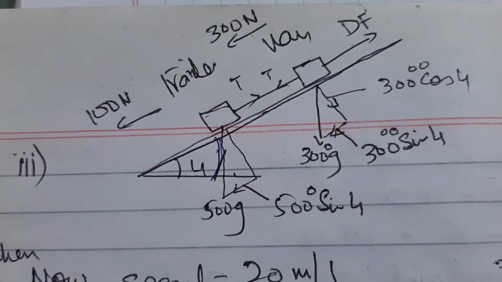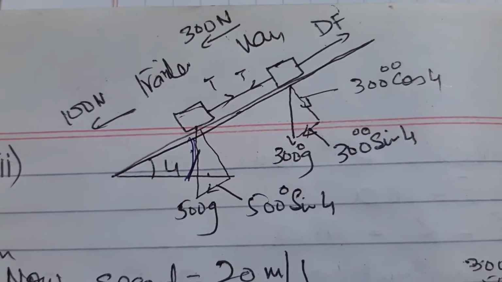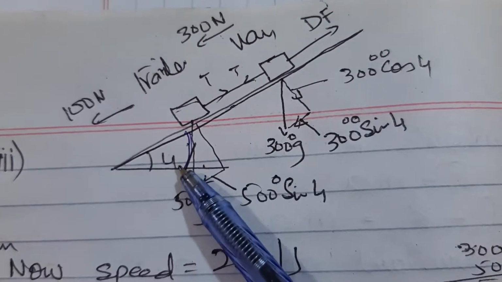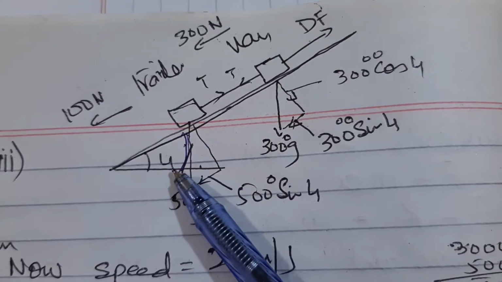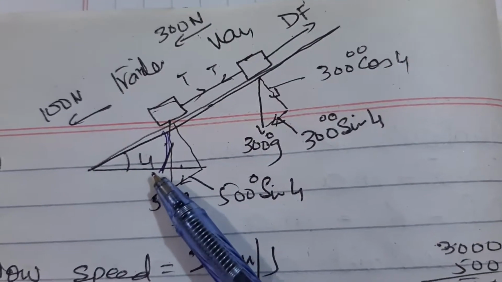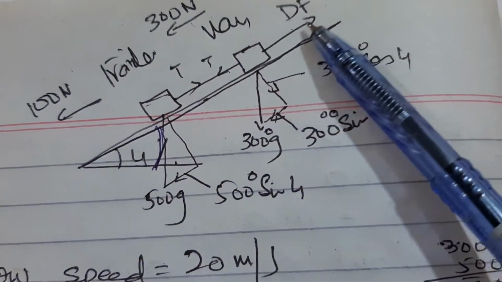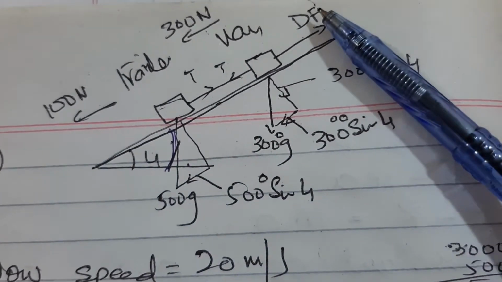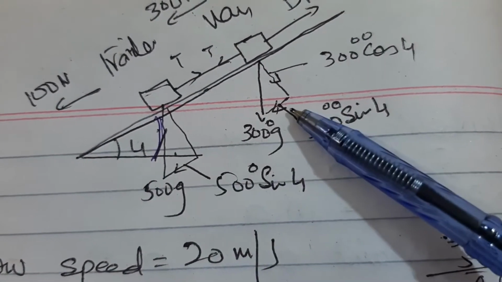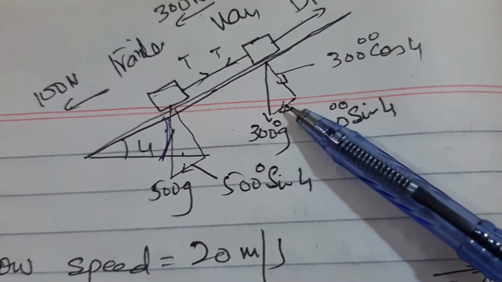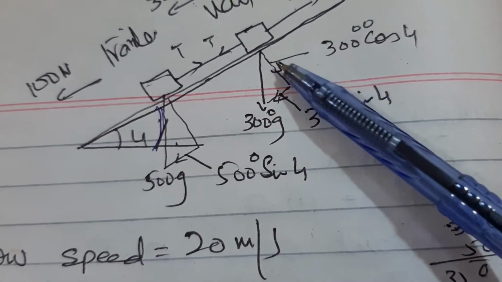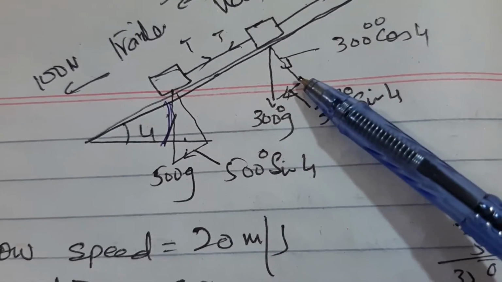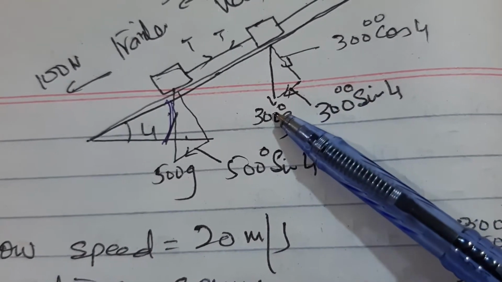So here I have tried to explain part 3 with the help of the diagram. It is going on the inclined plane, which is at 4 degrees. The rest of the information is exactly the same. However, now backward there are 2 more forces due to weight. As we have done earlier, we resolve the weight into perpendicular to the plane and parallel to the plane.